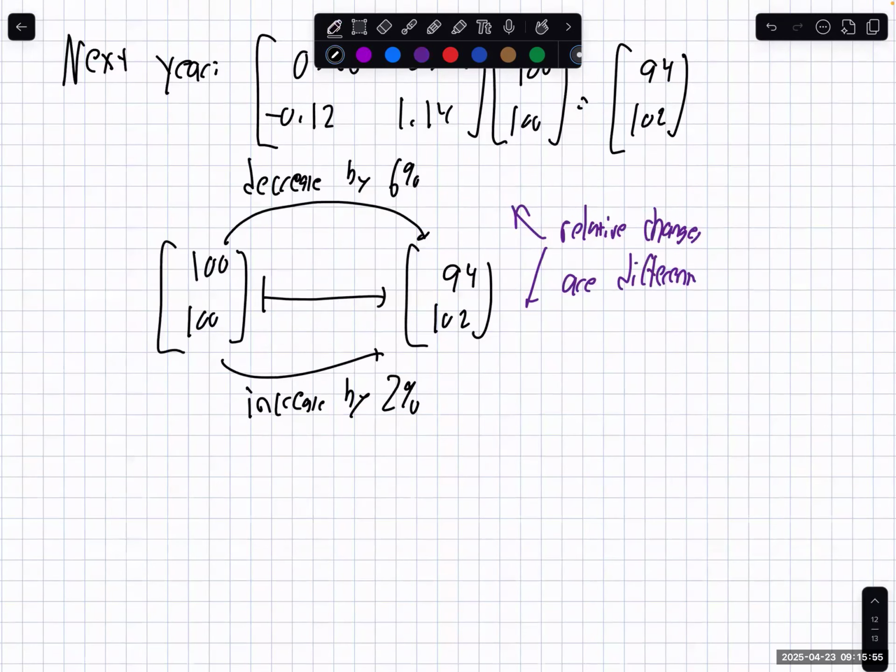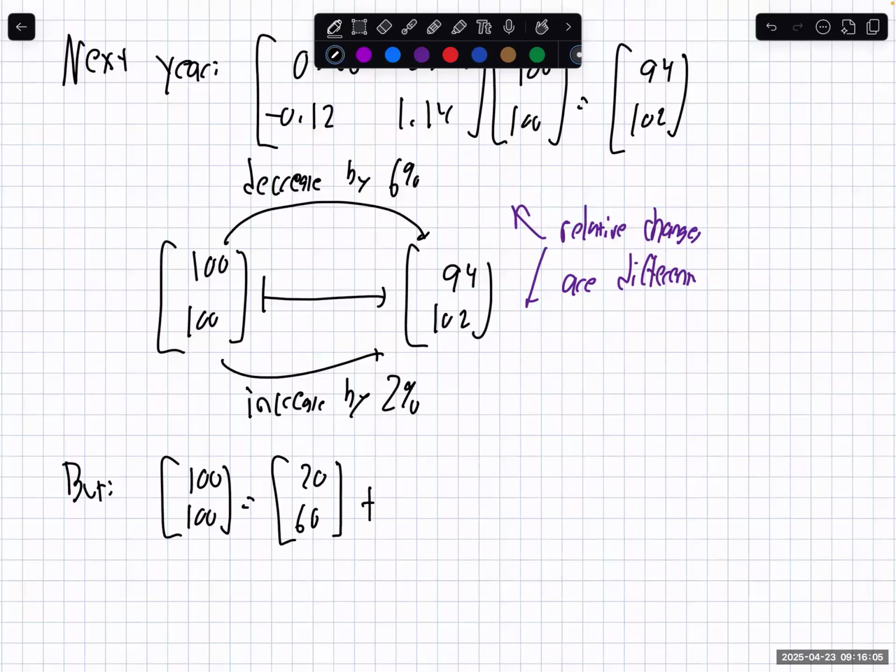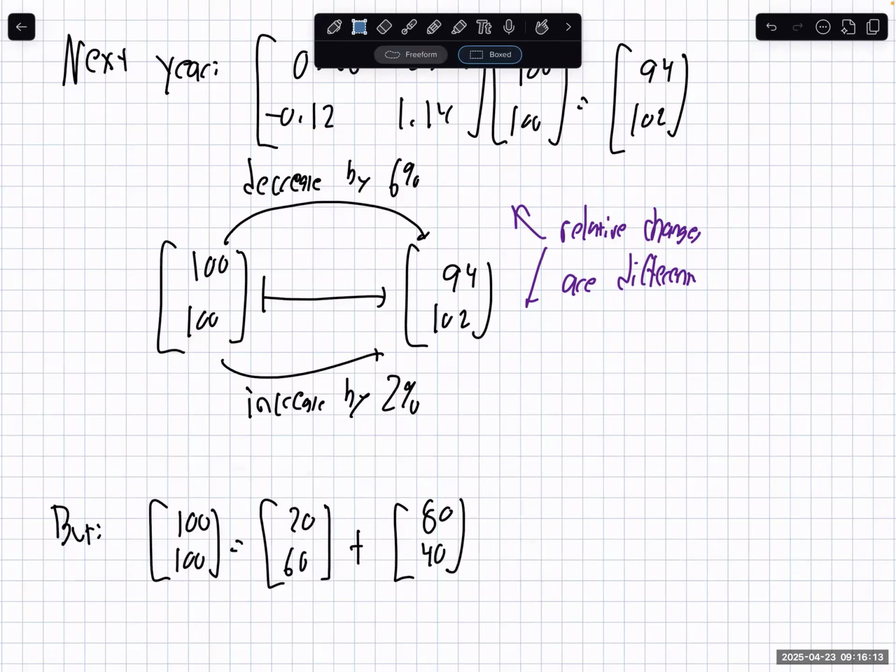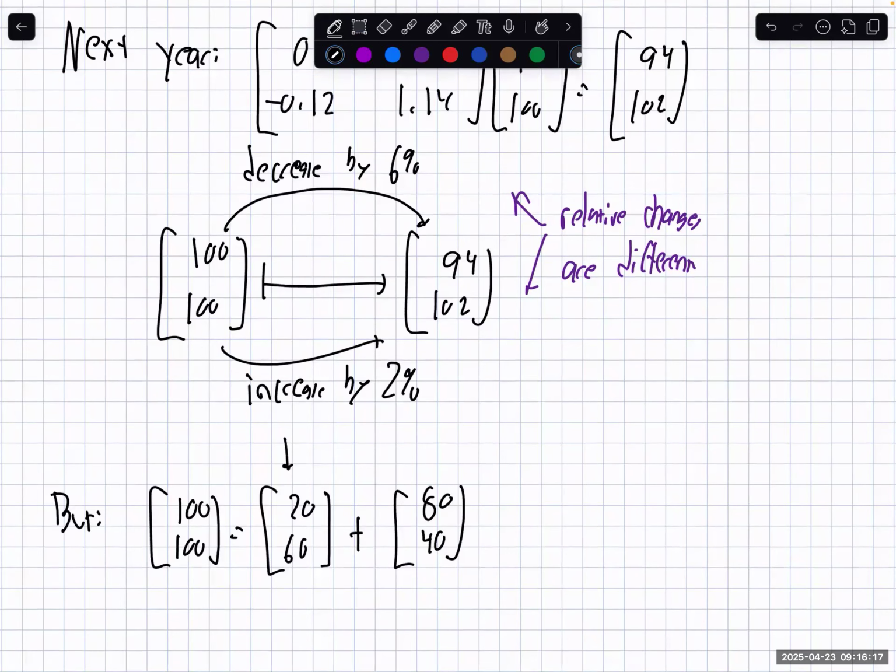Okay, but this is where it gets interesting. I can break up that 100-100 as the sum of two different vectors.